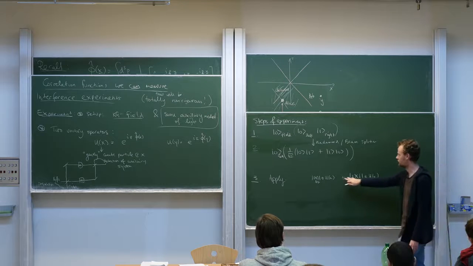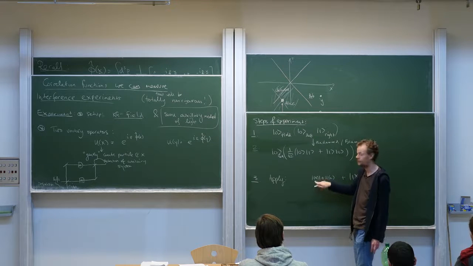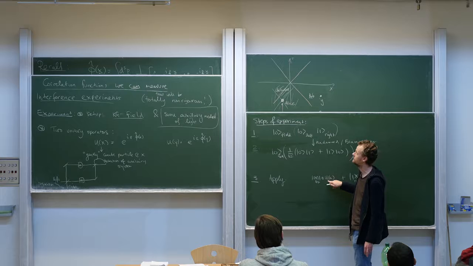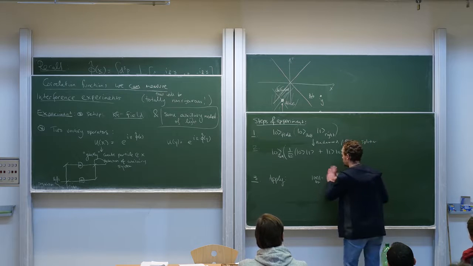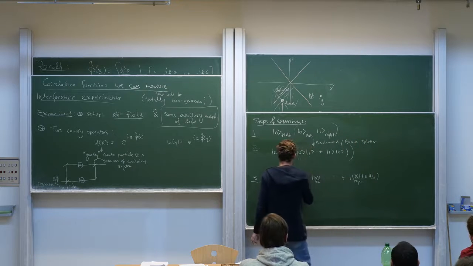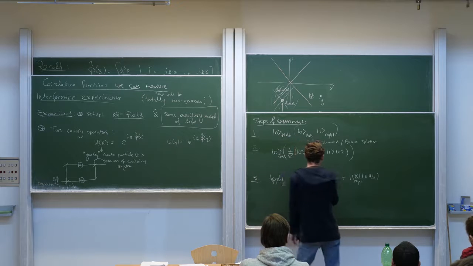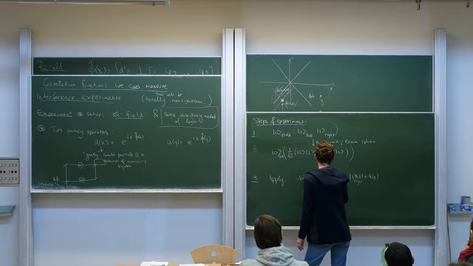So we apply this operation here, conditioned on the left mode having one photon, we apply U to the field. And since I put the field on the left, I should put it to the left. And it doesn't care about the right mode.